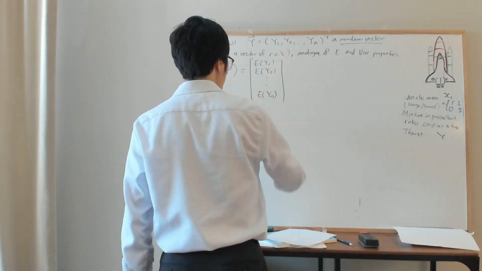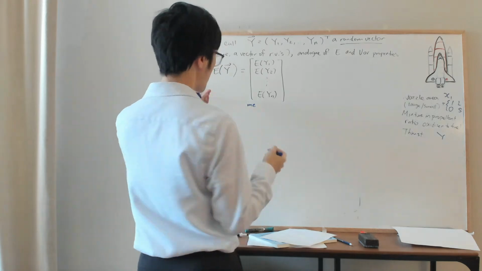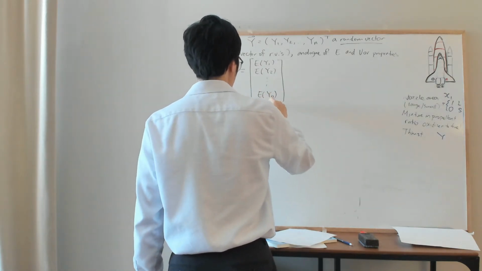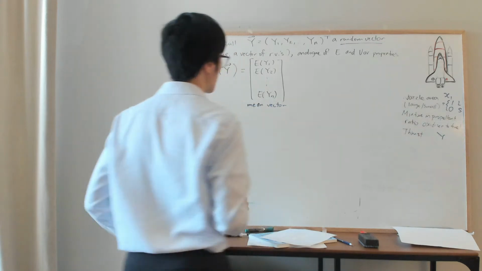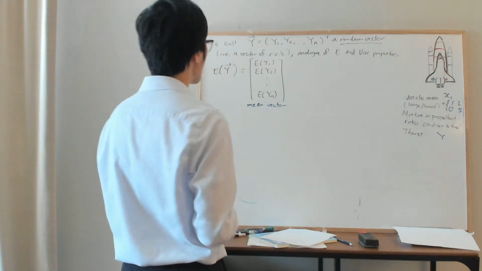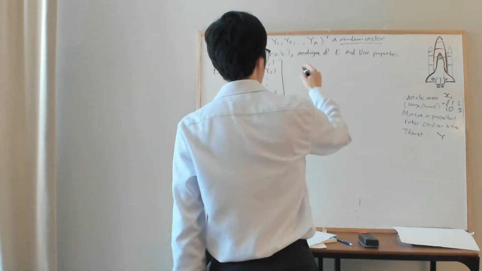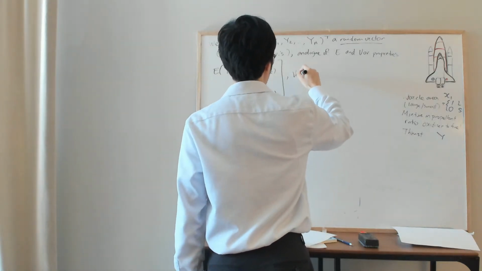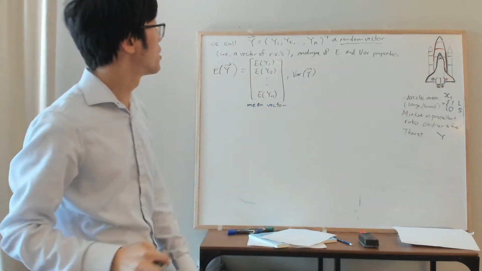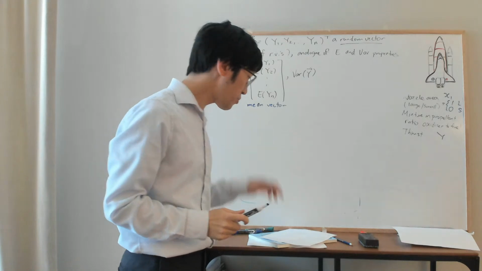When we had one random variable, we said the expectation is its mean. So in this case, it's a mean vector. Similarly, we can apply the variance function on the random vector.